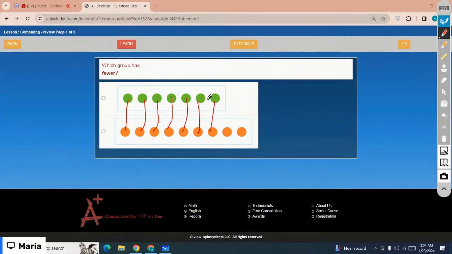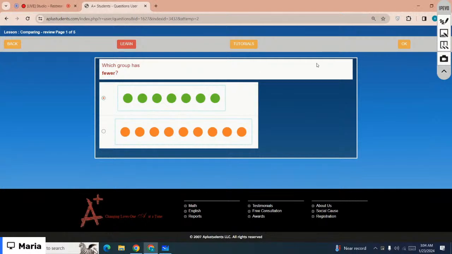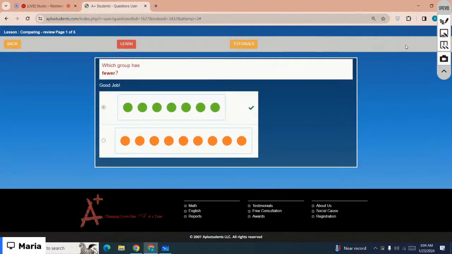You can see we don't have any more green dots, but we still have two orange dots. The green dots are fewer and the orange dots are more, because you still have two unmatched dots. The correct option is green. Got it?